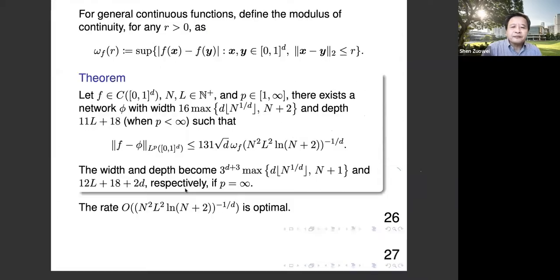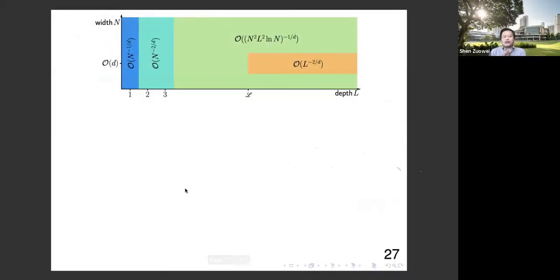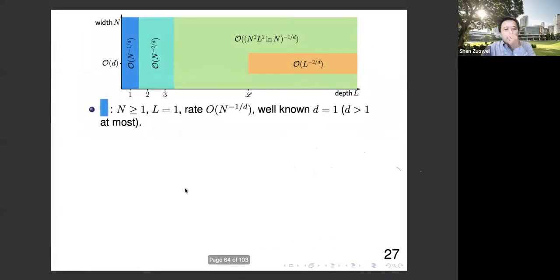So what's the literature? The literature so far, for L equal to 1, that means you have just one hidden layer, it's well known. People always believe the rate is n to the power of minus 1 over d.